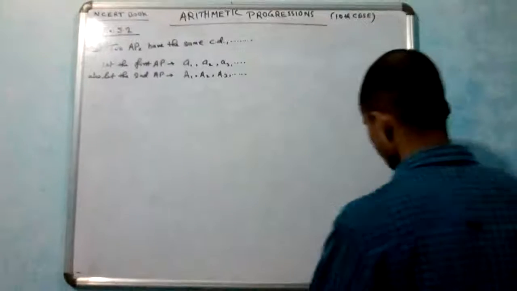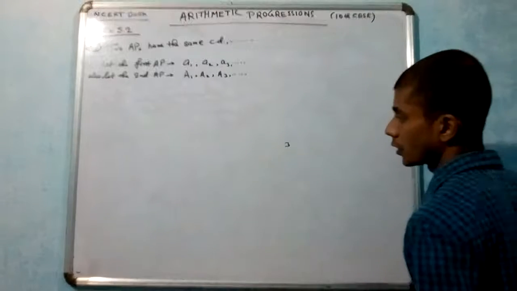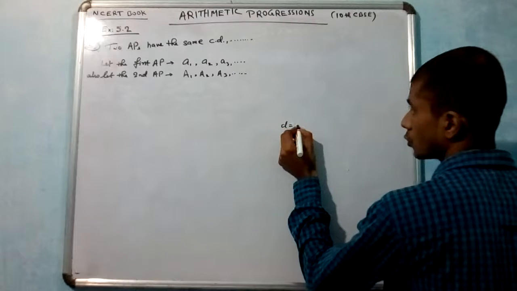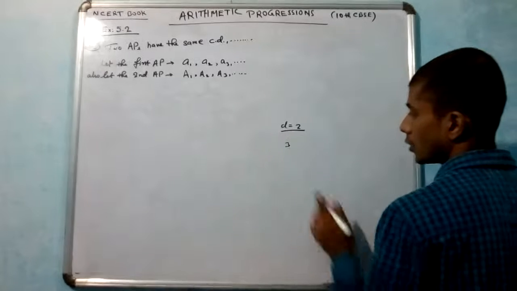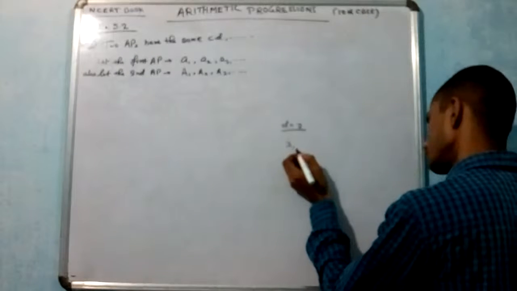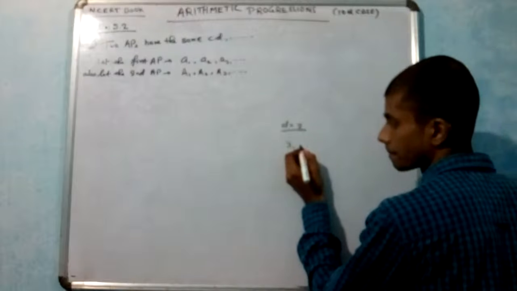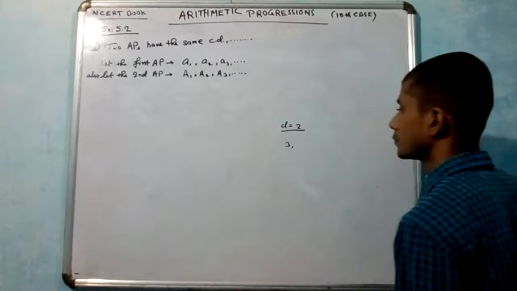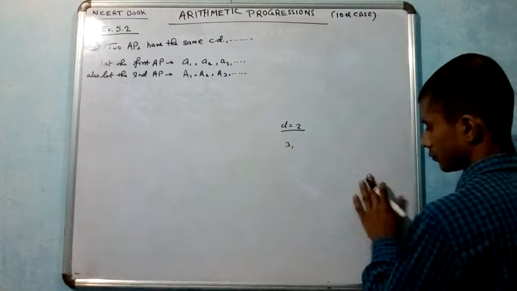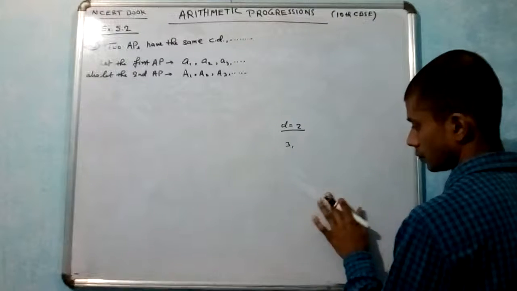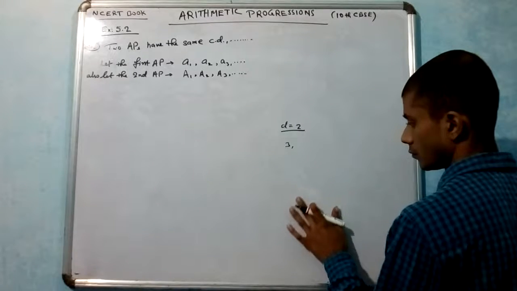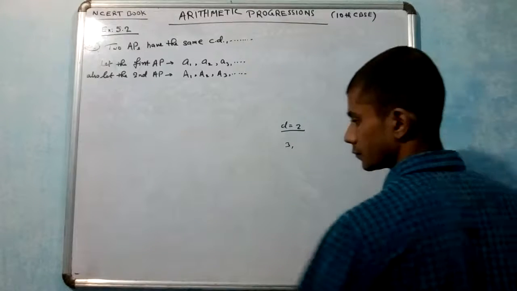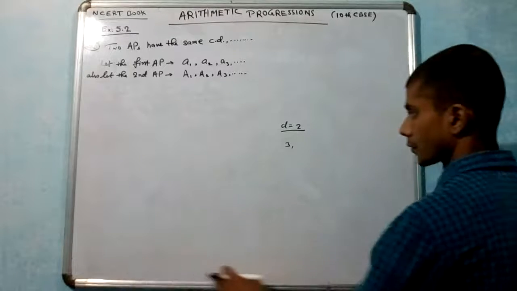The question is, in practical terms, if you want to understand how two APs have the same common difference. Suppose I have one AP starting from 3, and the common difference D is 2. So the first term will be 3, the second term will be, yes Mithun, what will be the second term? 5.